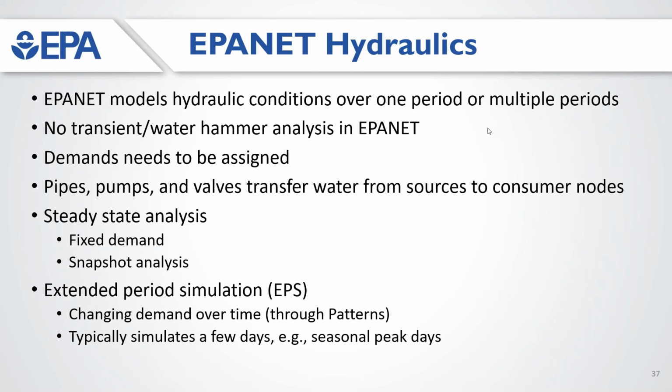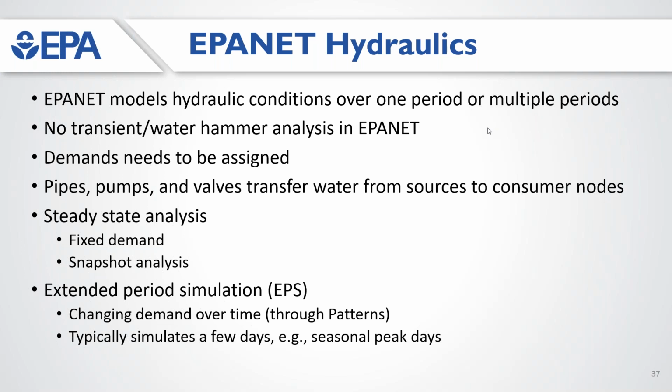More often, people use extended period simulation. In this kind of simulation, demand can be changed, and the simulation is basically a series of steady state analyses, a series of snapshot analyses. Again, it's not transient analysis; it's a sequence of steady state analyses.